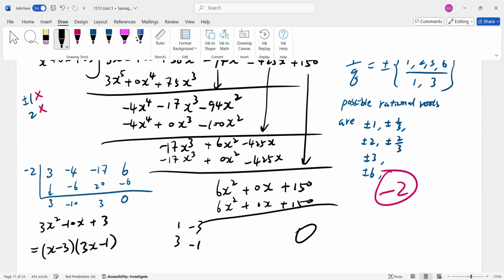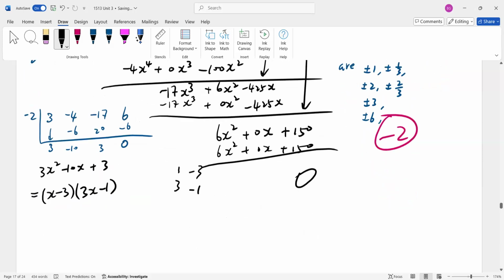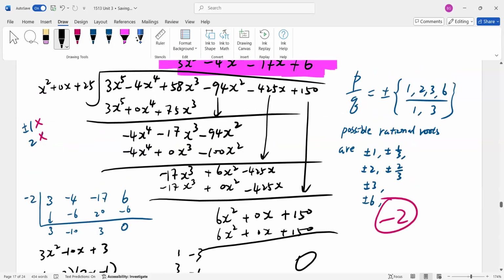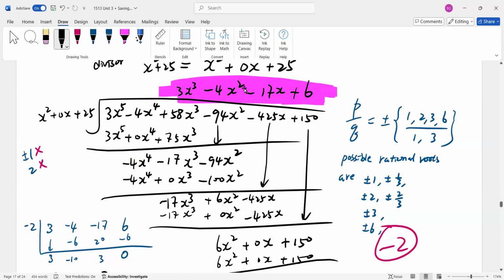Let me double check. 3x squared plus 3, -9x, -1x, -10x. Yeah, very good.